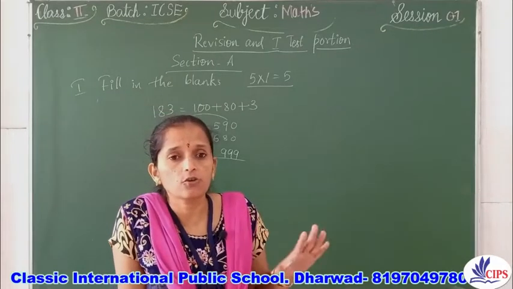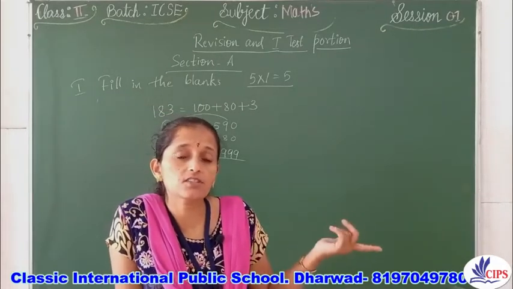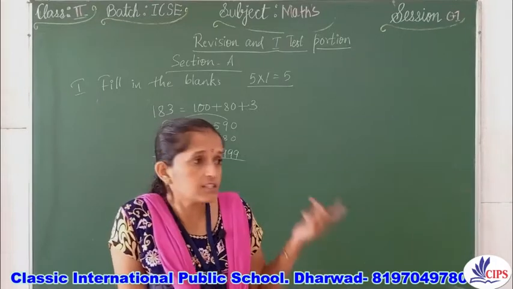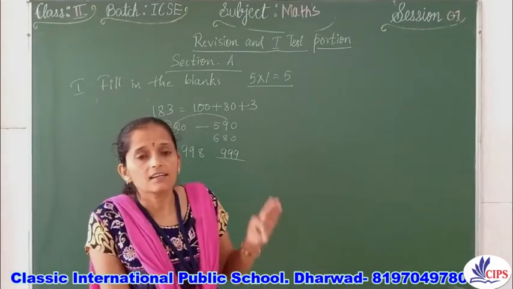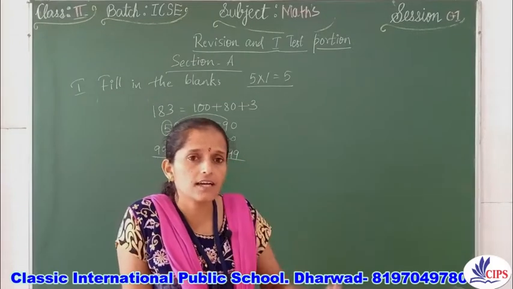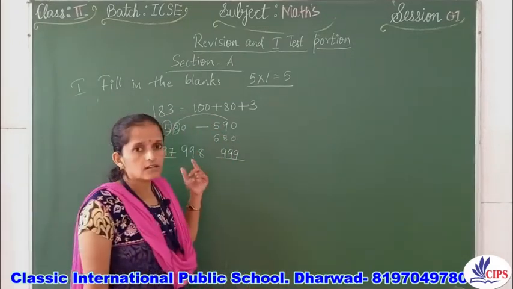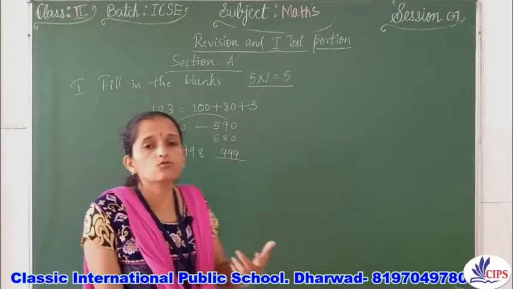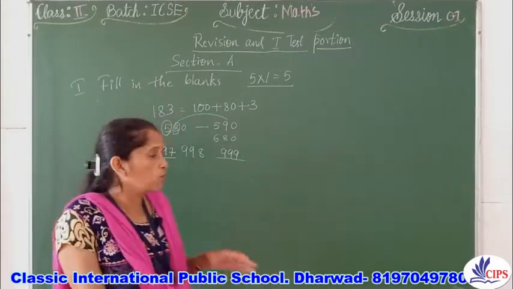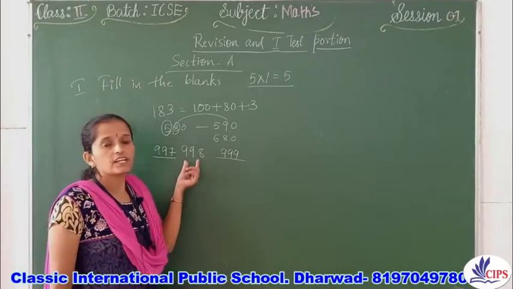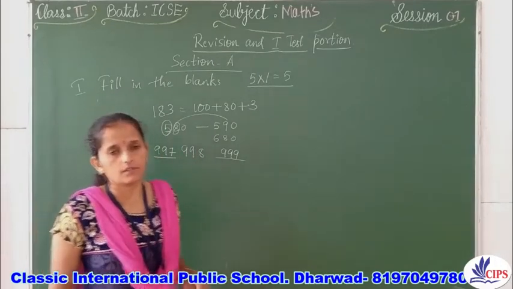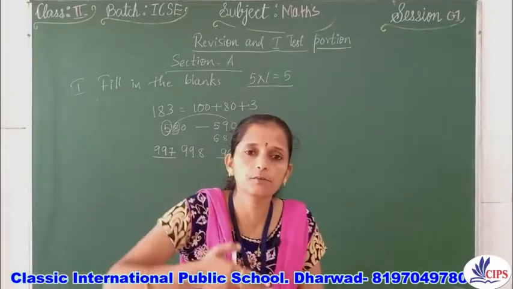I will not give you any options. If it is choose the correct answer, you will have the options, right? But for this you will not have any options. You need to think and write. You know what happens, many children, even those who score good marks, do it wrong: instead of writing the before number they'll write the after number, or instead of the after number they'll write the before number.